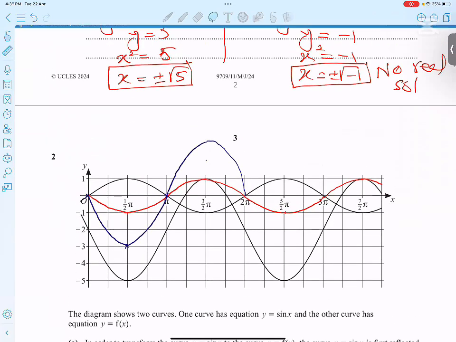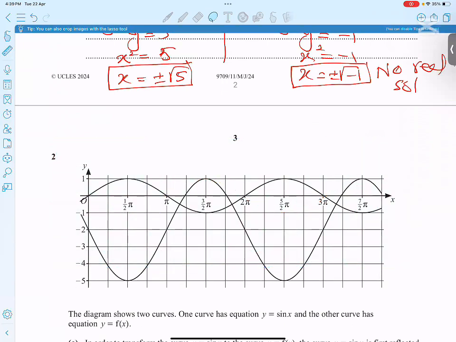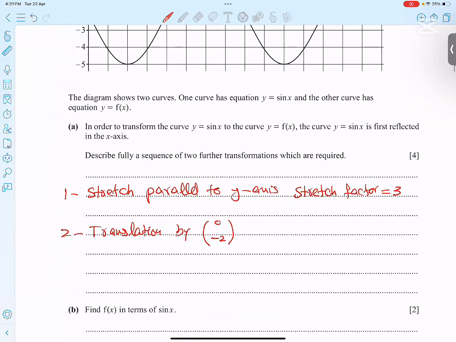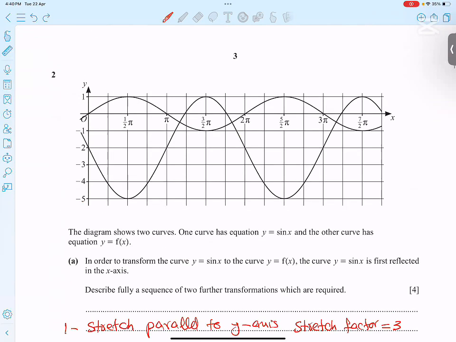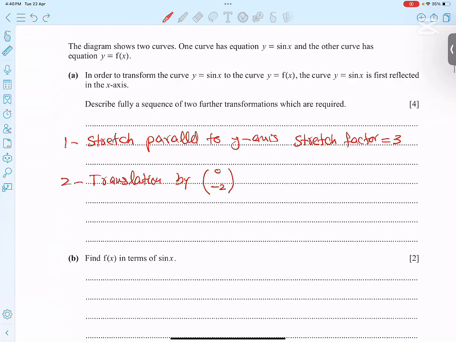Okay, now I'm erasing my work, and I'm going to show you what the question is asking for. Find the effect in terms of sin x. So do you know, students, I just mentioned, we have a special format: y is equal to a plus b sine in the bracket cx.